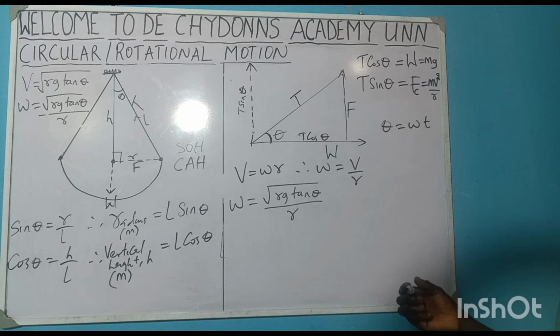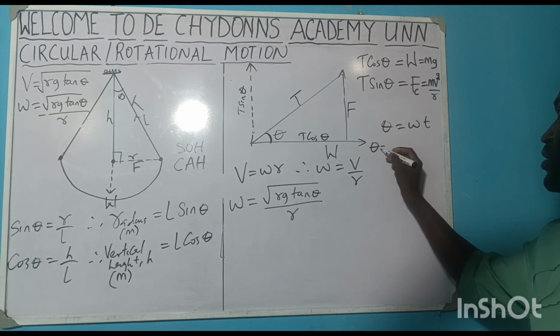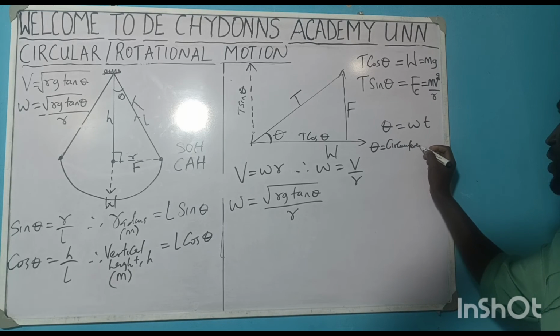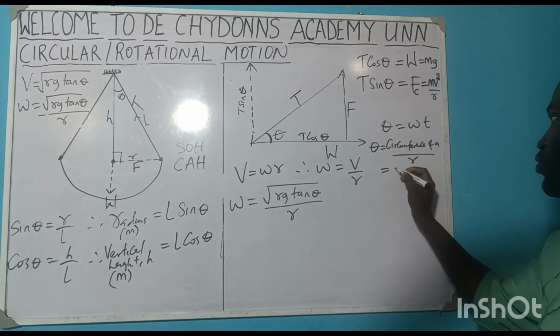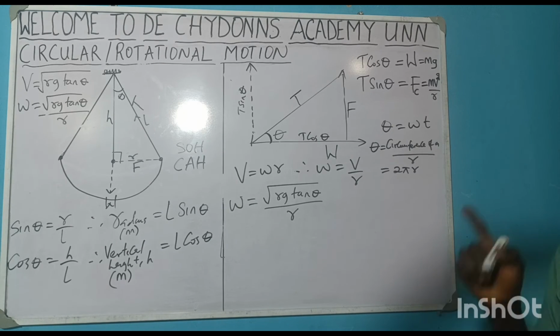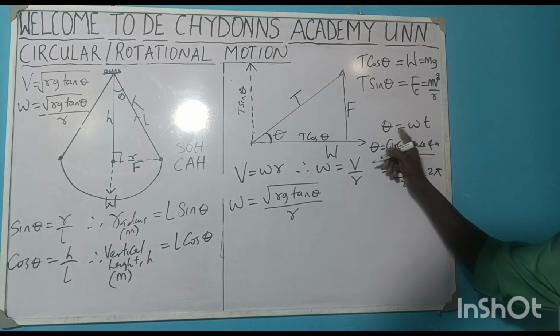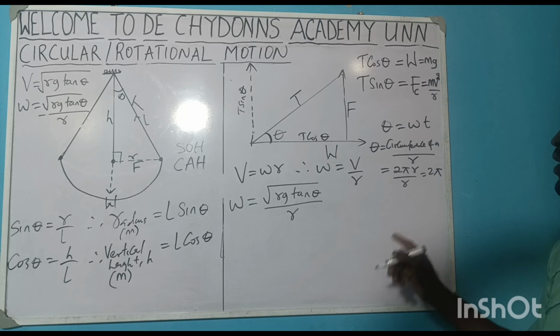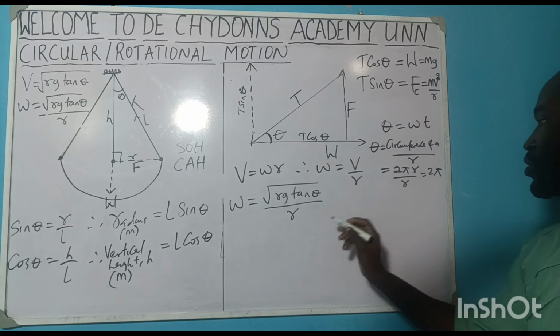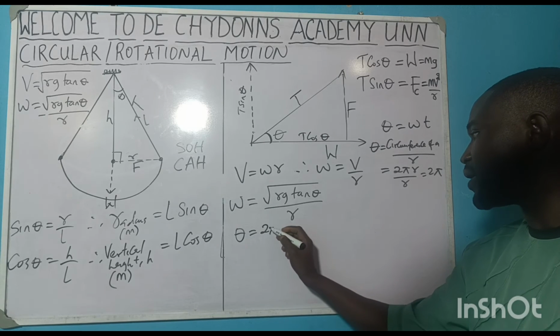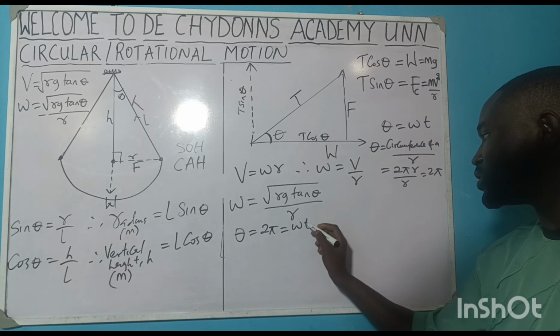And from what I said before, theta is equal to the circumference of a circle over the radius, 2 pi r over r, which equals 2 pi. So theta is equal to 2 pi, which is WT.